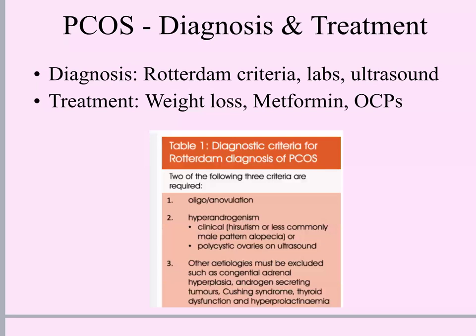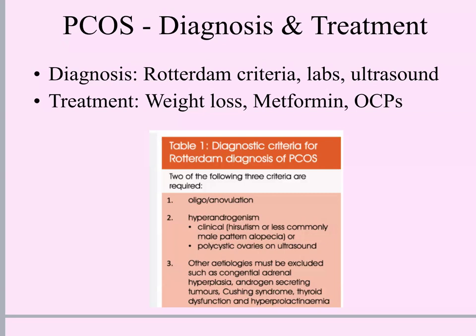But if it's persistently elevated, and they have hyperandrogenism, so an elevated testosterone level, or polycystic ovaries on ultrasound, that could be enough to get diagnosed with PCOS.